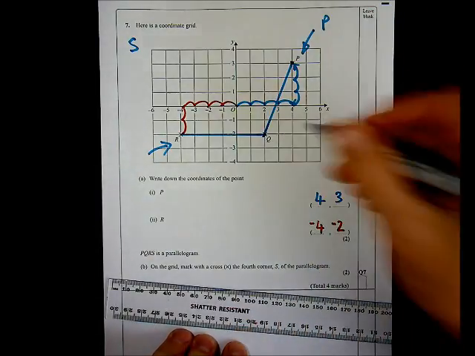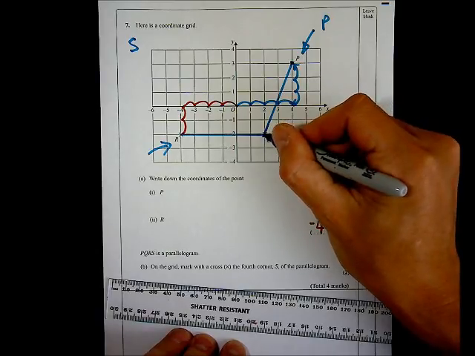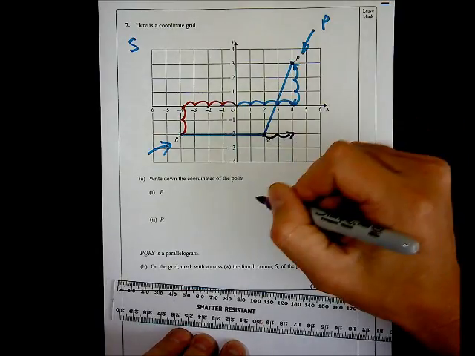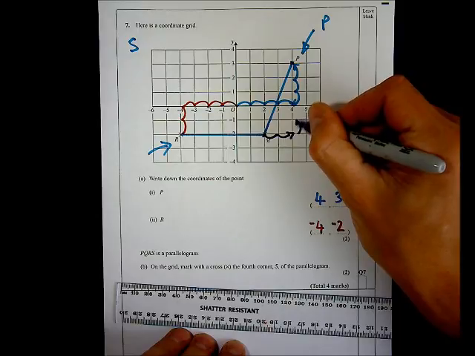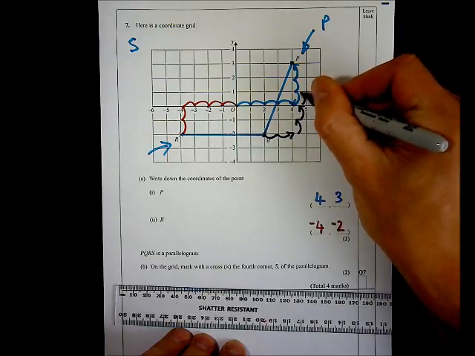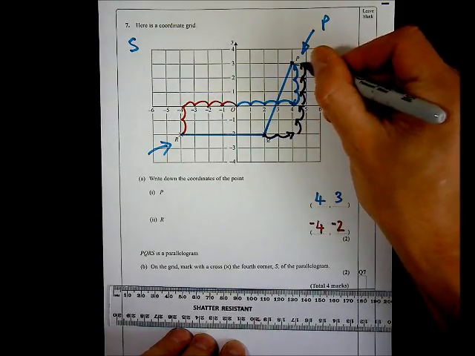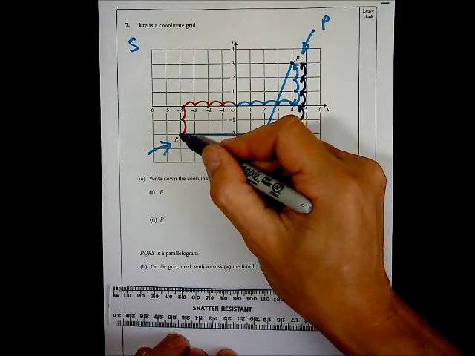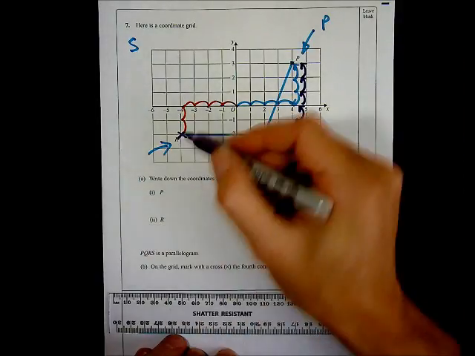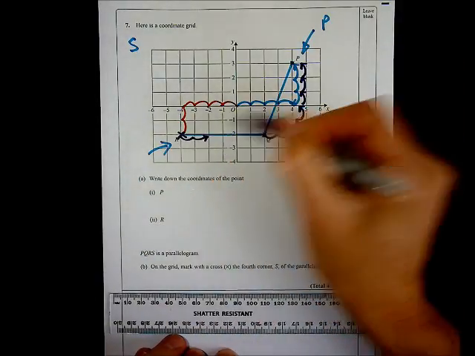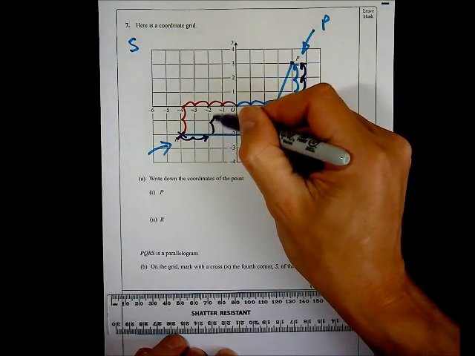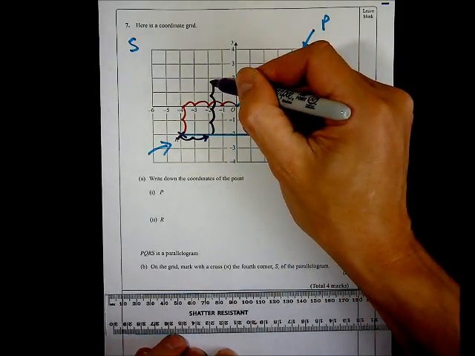Well, I can see that Q would work across 1, 2 squares. And then to get up to P, I'd have to go 1, 2, 3, 4, 5 up. So if I do the same from point R, I'll get where the point S should be. So 1, 2 across, and then 5 up: 1, 2, 3, 4, 5.